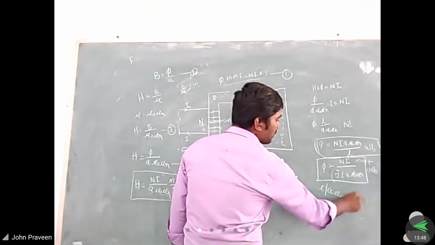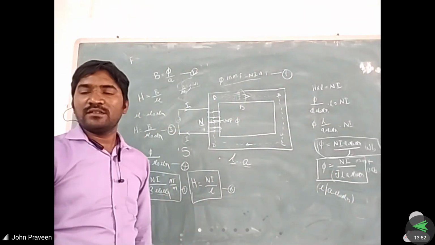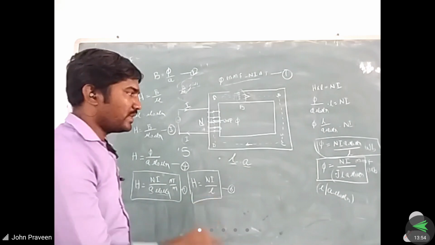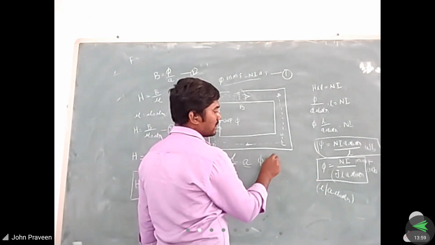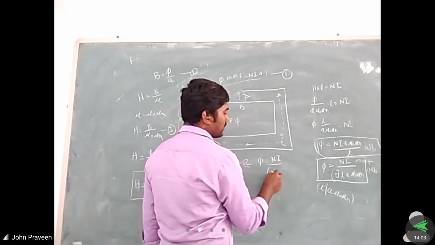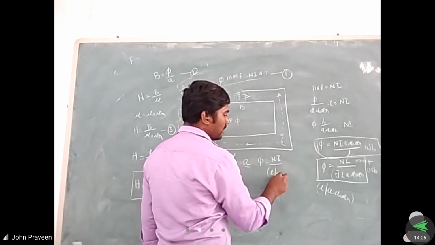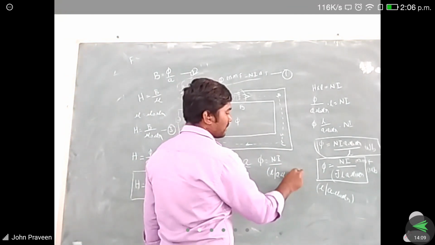If we remove J as a constant from there, then the equation becomes phi is equal to N i by L by A into mu naught mu r.